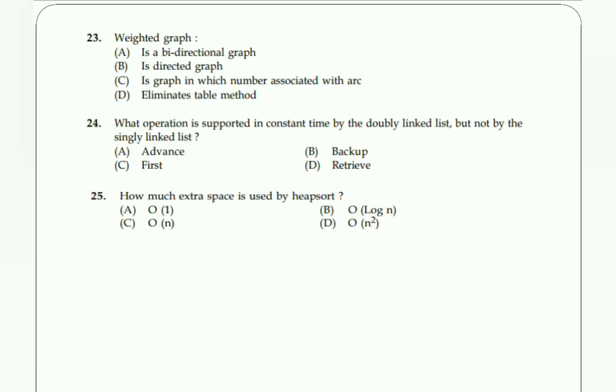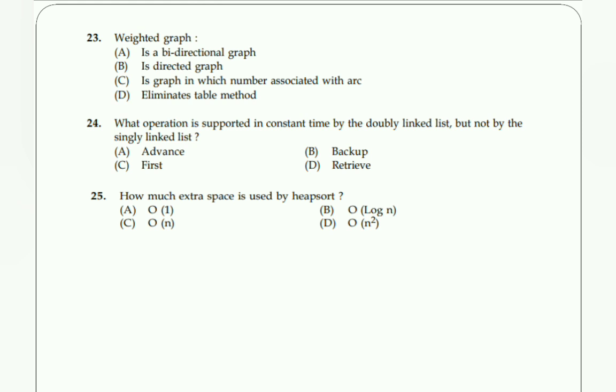Next one, weighted graph is. What is meant by a weighted graph? We have two types of graphs, right? Weighted graph and unweighted graph. If an edge is denoted by any weight or a value, then it is called a weighted graph.